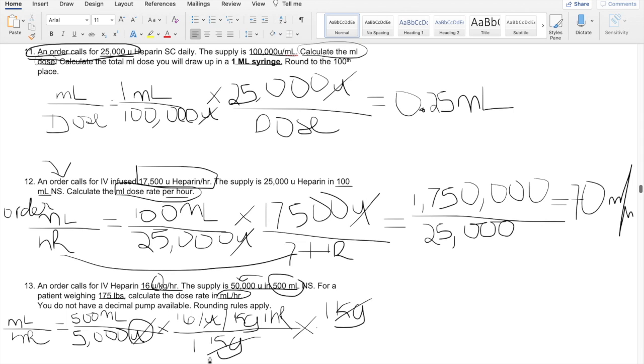And that way I can convert the 175 pounds. But first I'm going to put 2.2 pounds underneath the kilogram because that's how much it equals. And now that I have my pounds, I am going to put 175 pounds on the opposite side.